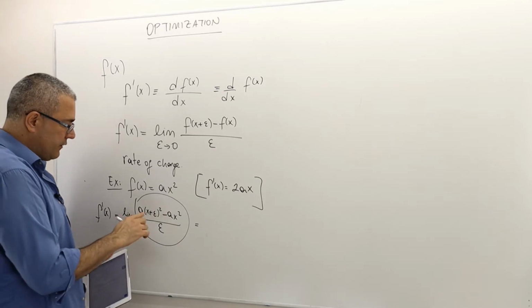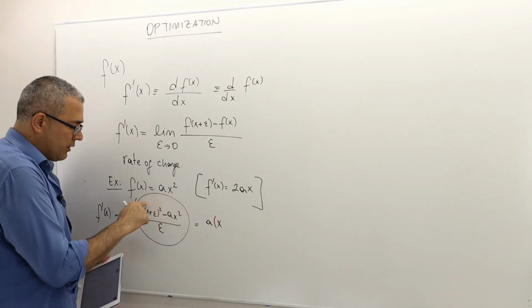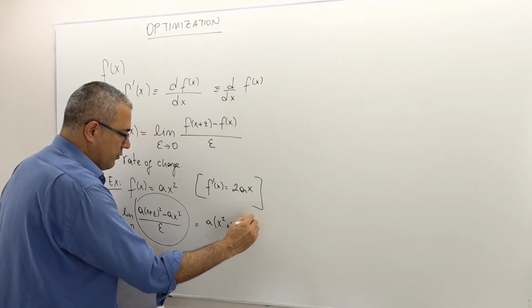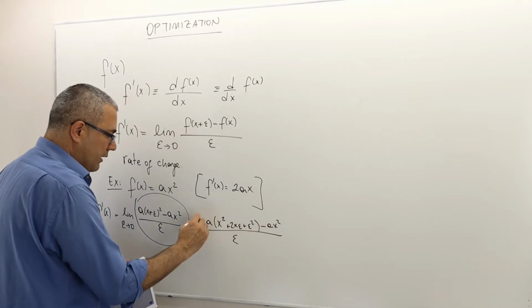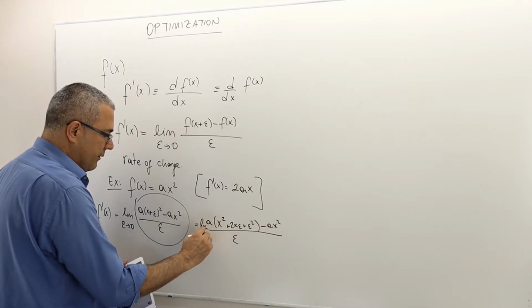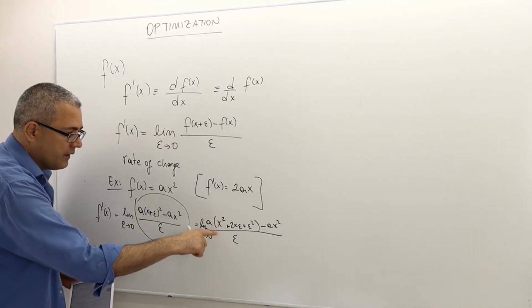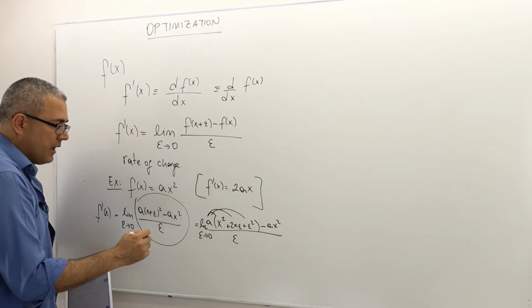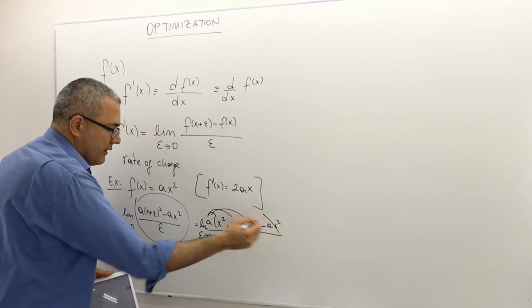So this is equivalent to a multiplied by, opening this up, x squared plus 2x epsilon plus epsilon squared, minus a x squared, divided by epsilon. Don't forget the limit. Then I distribute a, so I have a x squared minus a x squared, and they cancel each other out.